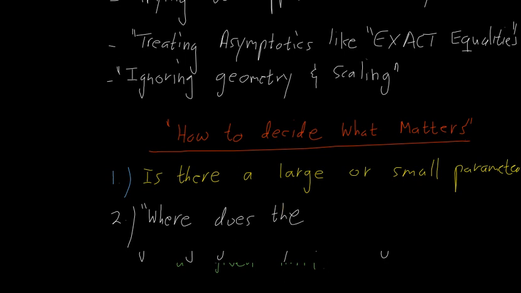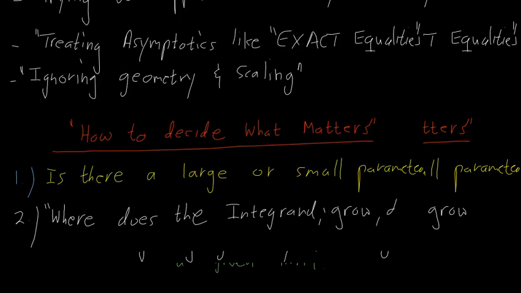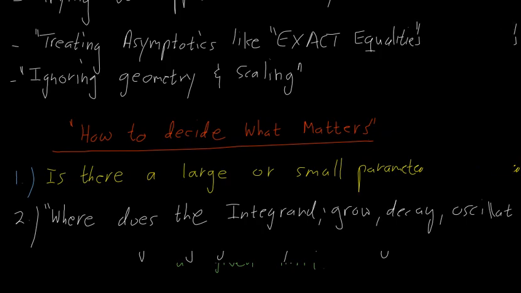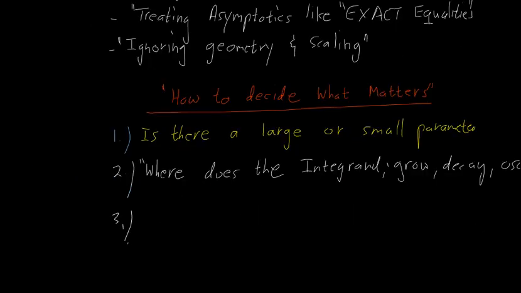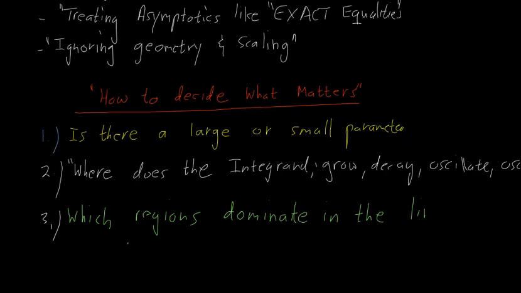And number three: which regions dominate in the limit? Those are very important. If you can answer those, you're already understanding asymptotics.